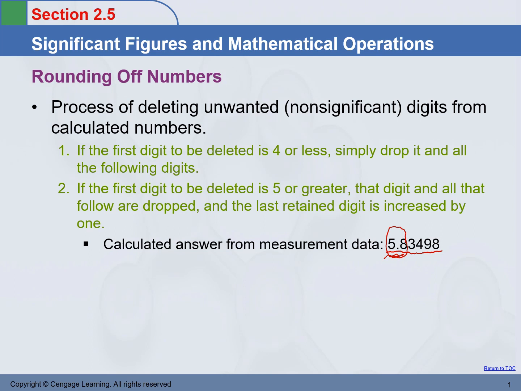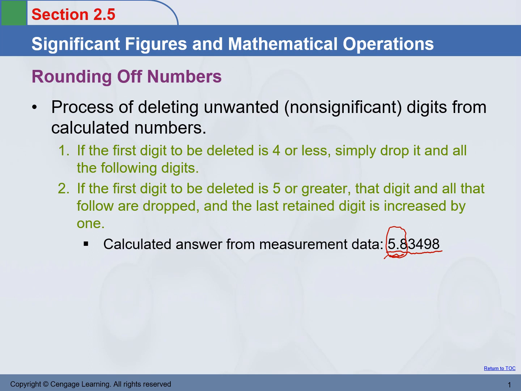Okay, for example, again, we're going to use this number 5.83498 as example. Make sure we're clear what this number is. The number we see on the screen right now, 5.83498, is a calculated answer from measurement.